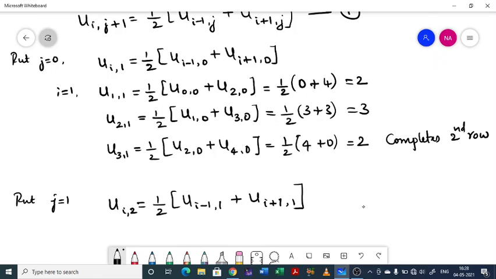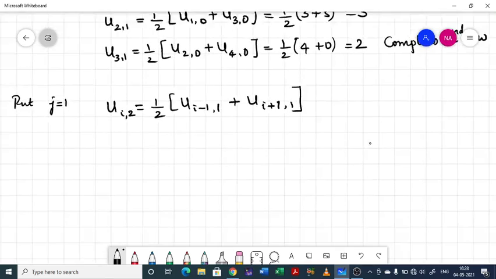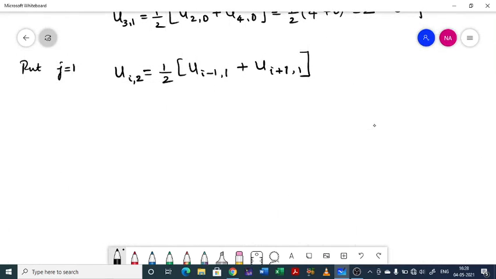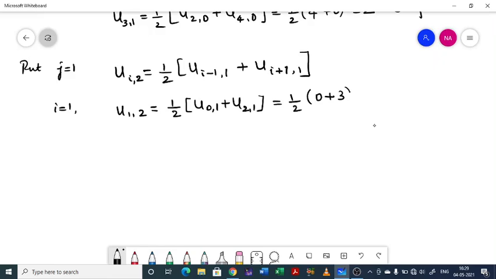Now give values for i. Taking i equal to 1, u(1,2) equals 1/2 into (u(0,1) plus u(2,1)). That is actually 1/2 times (0 plus 3), that is 1.5.